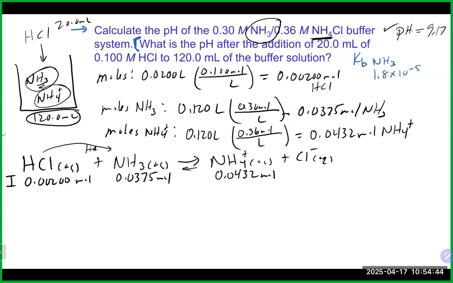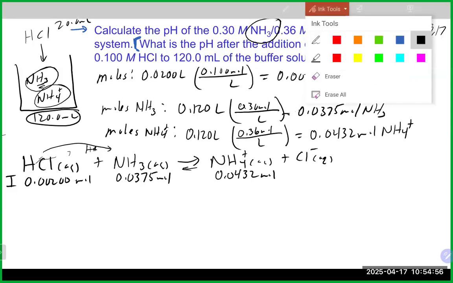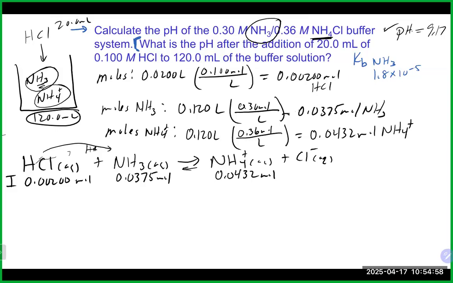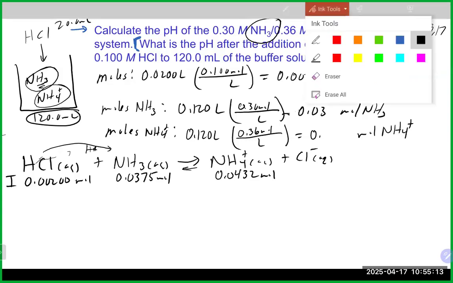Let's see here. I feel like I hit the wrong number there. 0.036, I think, on that one. Let's see, NH3, right? Yeah, so NH3 is 0.3, so 0.12 times 0.3. Just double check them both before we continue on.